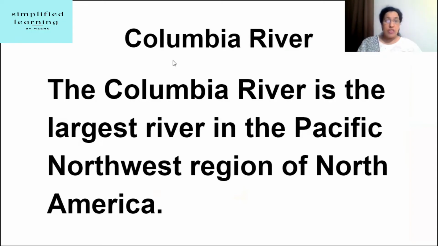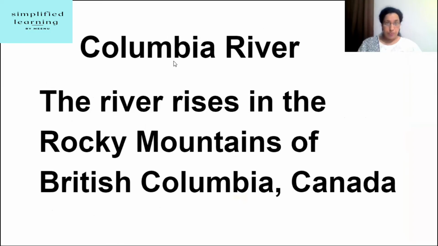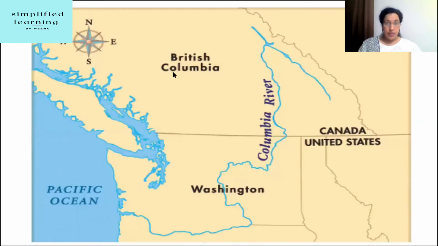The Columbia River is the largest river in the Pacific Northwest region of North America. It rises in the Rocky Mountains of British Columbia, Canada. Let's have a look here.